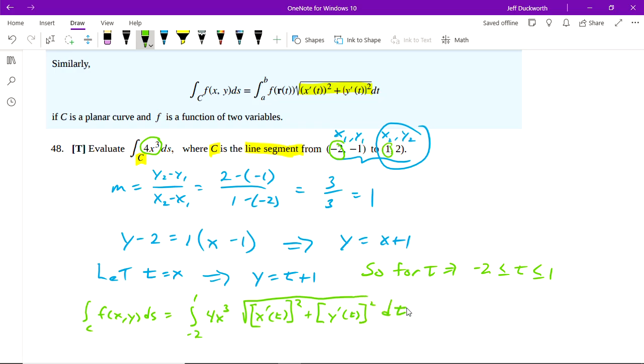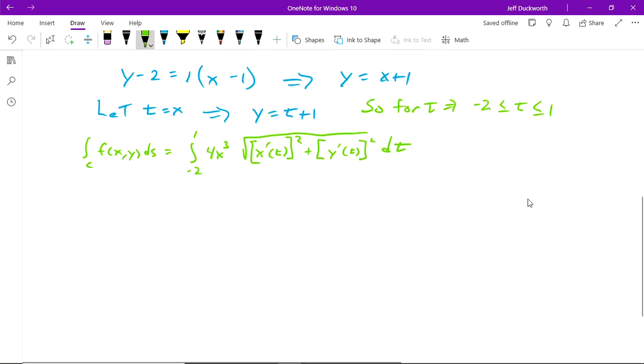And then all of this will be dt. So now we can probably lose our function up there and scroll down a bit. All right, so let's figure out what we have here.